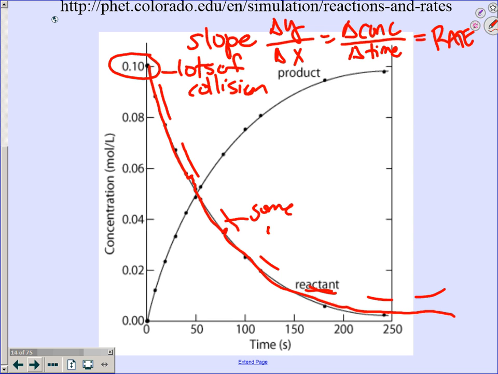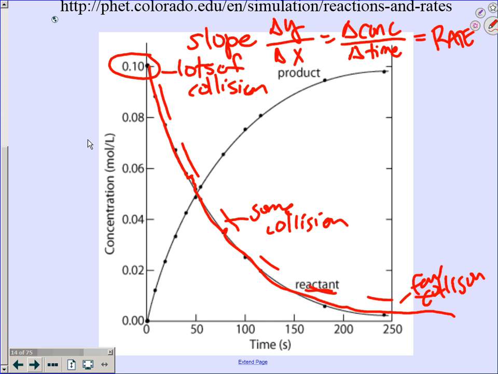Some collisions, okay? And then here, I'm going to say few. They could still be colliding and reacting, but it's very few collisions. And it's just because, hey, I've only got like 0.01. Up here is like 0.08. So we can see how the concentration does impact rate over time.